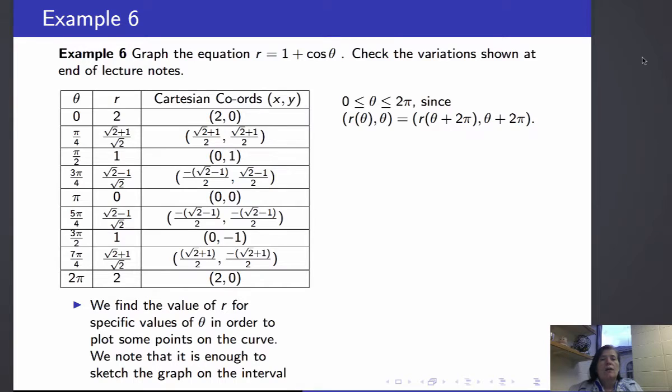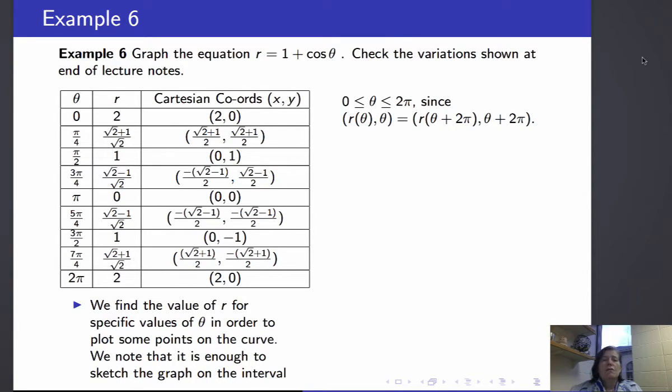So of course when theta is 0, r is equal to 1 plus cosine of 0, which is 2. So the polar coordinates when theta is 0 are 2, 0, and these actually coincide with the Cartesian coordinates, which are 2 times cosine theta and 2 times sine theta.